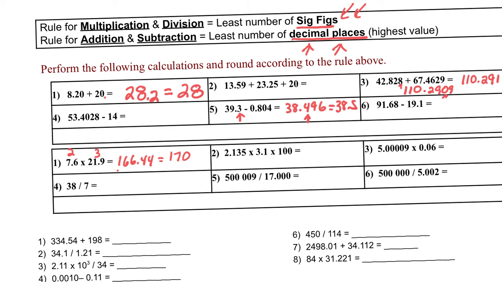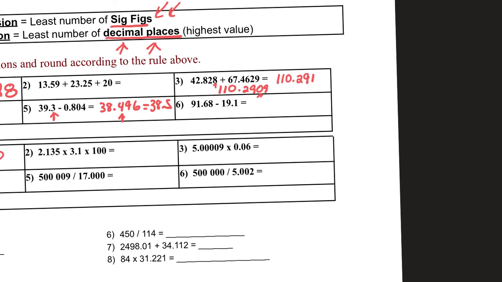Let's do number 3. We'll go over here. We've got multiplication. So 5.00009 times 0.06. So when I put that in the calculator, I'm getting 0.3000054.